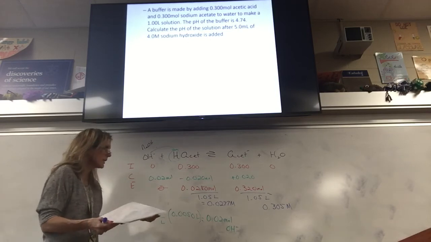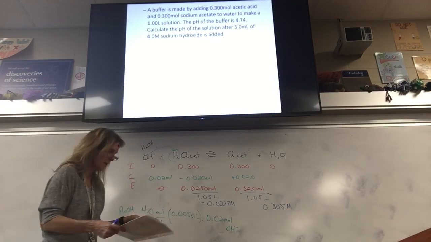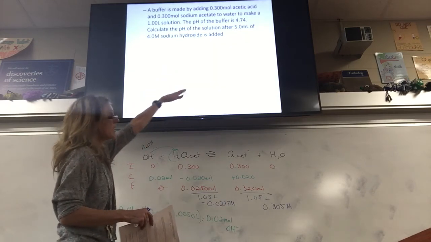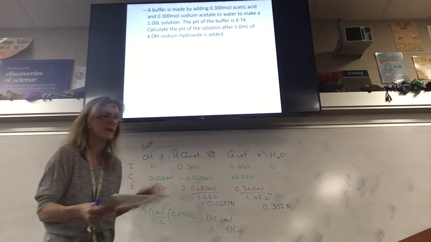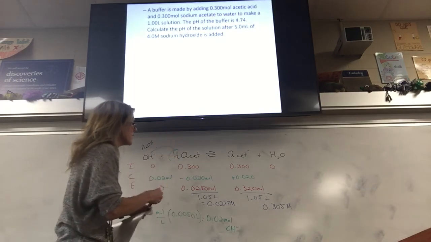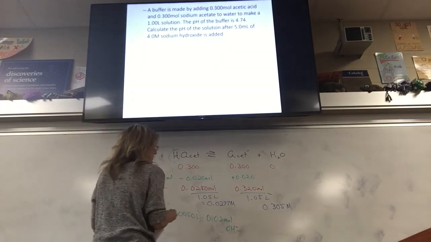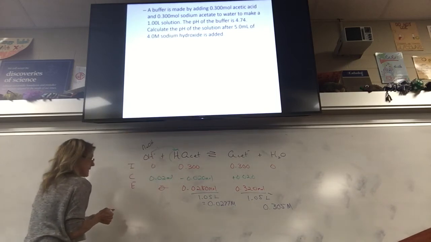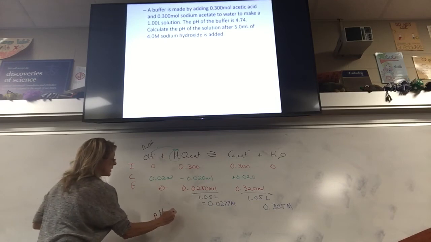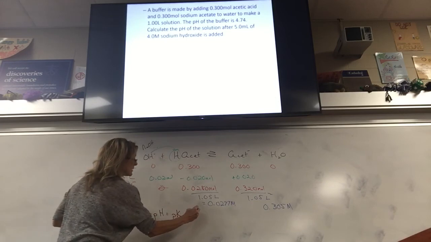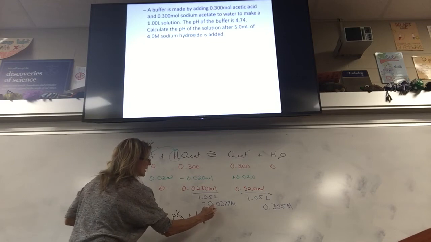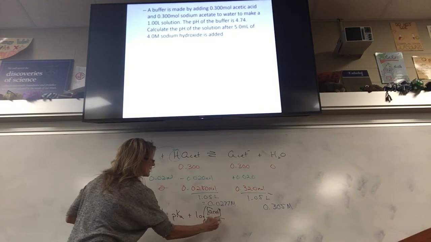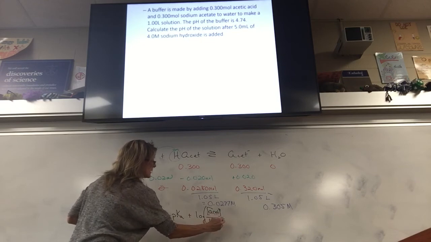So I'm going to go ahead and use the Henderson-Hasselbalch equation because it gives us the pH. Otherwise, we could convert that to hydrogen ion concentration, but it's just easier this way. So again, the Henderson-Hasselbalch equation is pH equal to pKa plus the log of the acetate ion over the concentration of the acid.